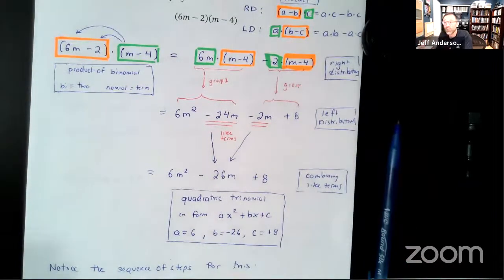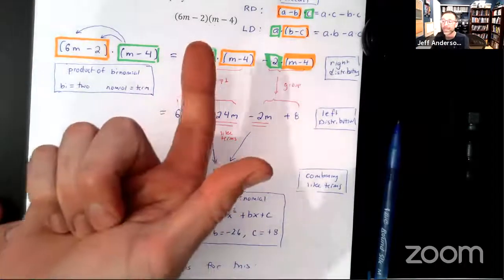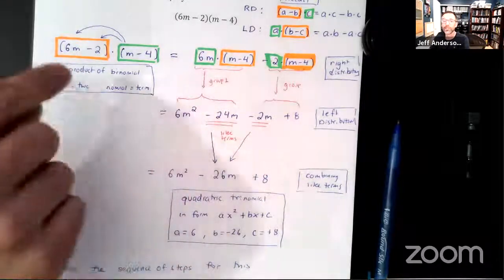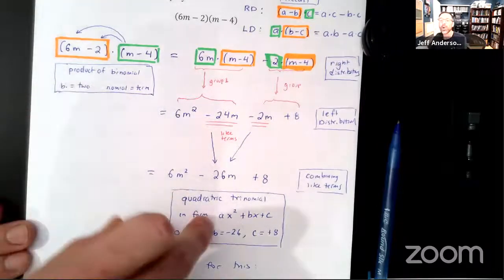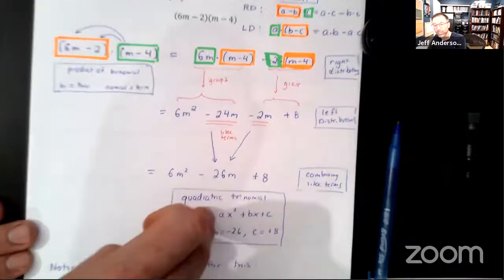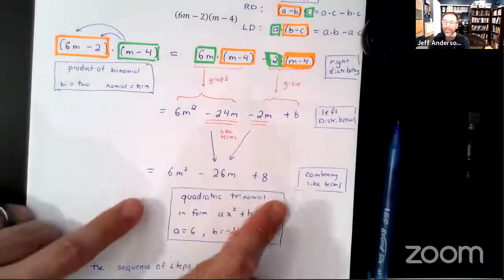We asked ourselves this really interesting question: if I know how to go forwards, can I reverse that? Can I undo that? So instead of starting with polynomials and getting down to a quadratic trinomial, what if I started with a quadratic trinomial and wanted to work my way backwards to a product of binomials?